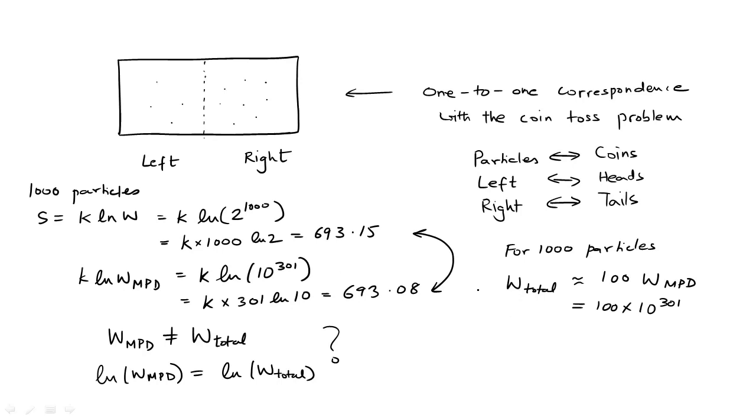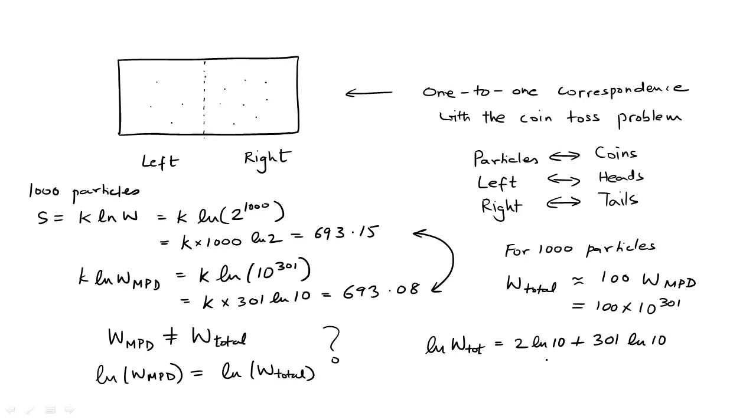Now, let's take the log on both sides and then we will see something really cool. So, ln of W total is equal to ln of 100, that is 2 ln of 10, plus 301 ln 10.